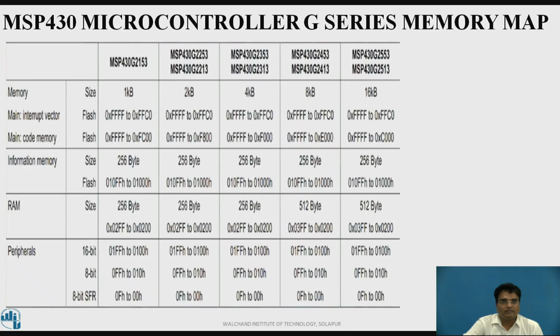So this one is the MSP 430 microcontroller series memory map. Here we have to concentrate only on the last column, that means MSP 430 G2553.